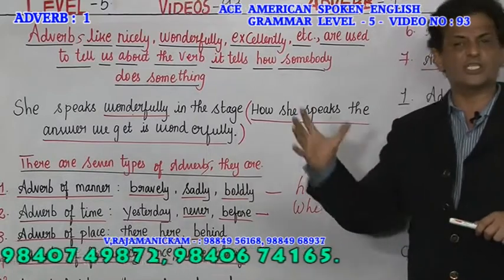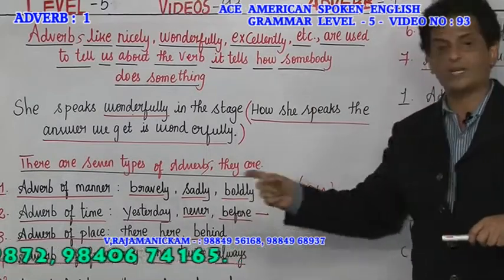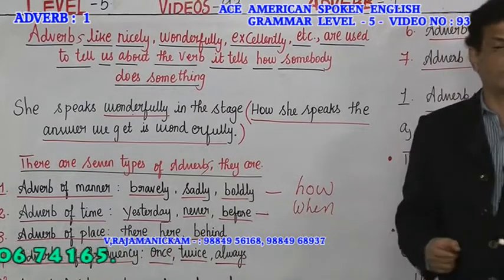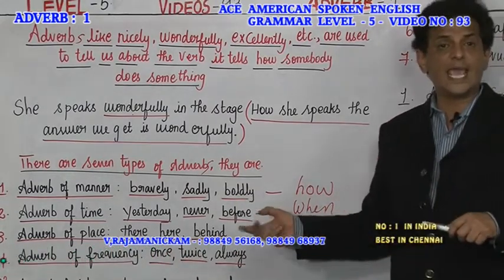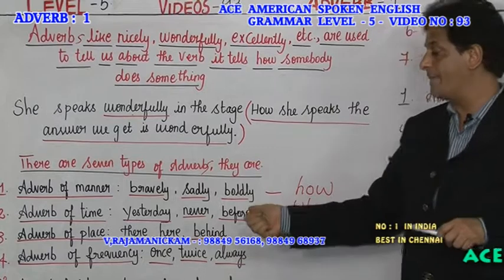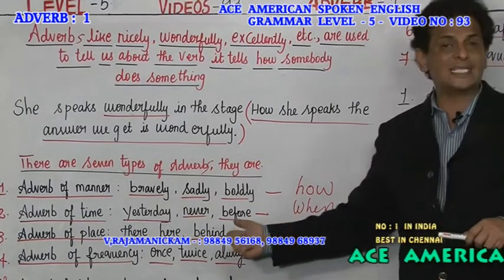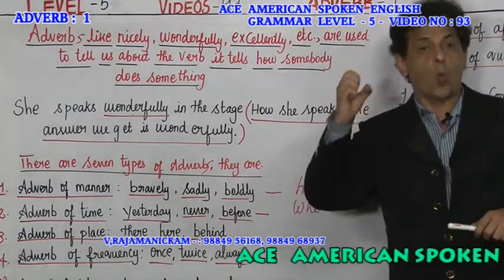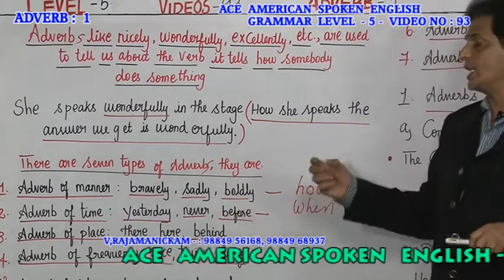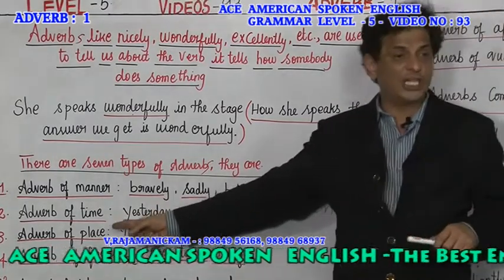She never eats non-vegetarian. Never becomes an adverb. Before. So he came. When did he come? He came before. So you ask the verb when, and the answer you get is called adverb of time.